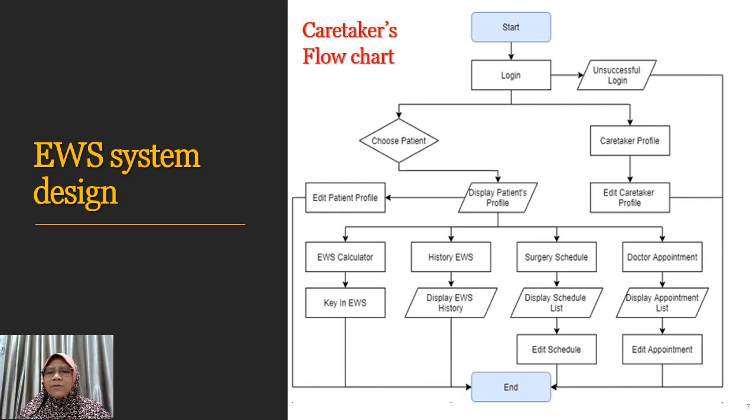If unsuccessful, it will go to end. If successful, the caretaker has to choose which patient, and by choosing the patient, it can display the patient's profile, edit the patient profile, and the caretaker can also edit the caretaker profile himself.